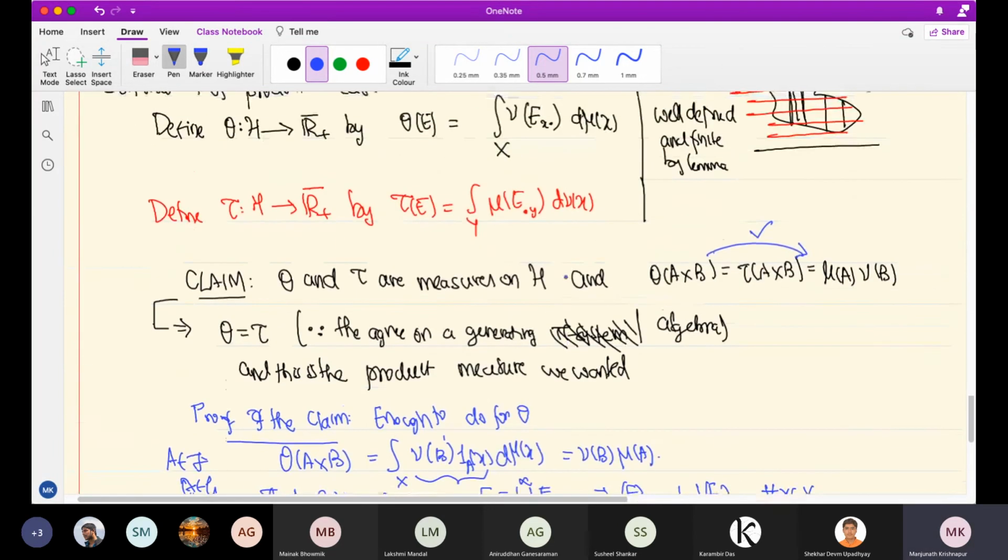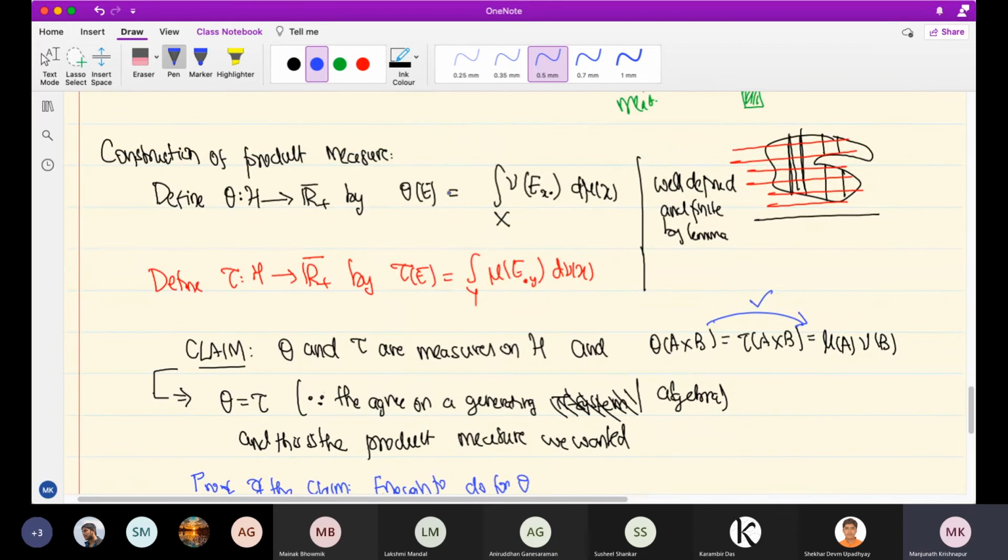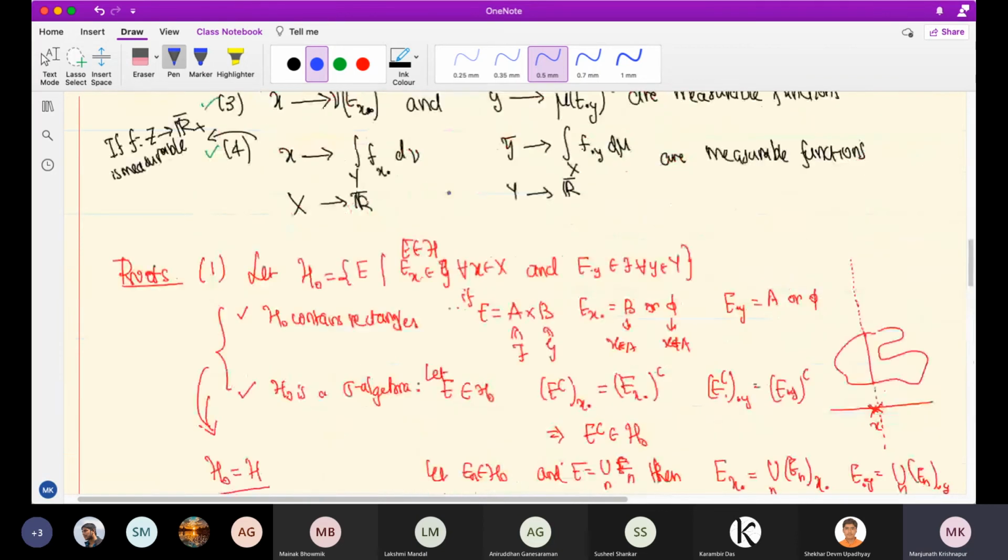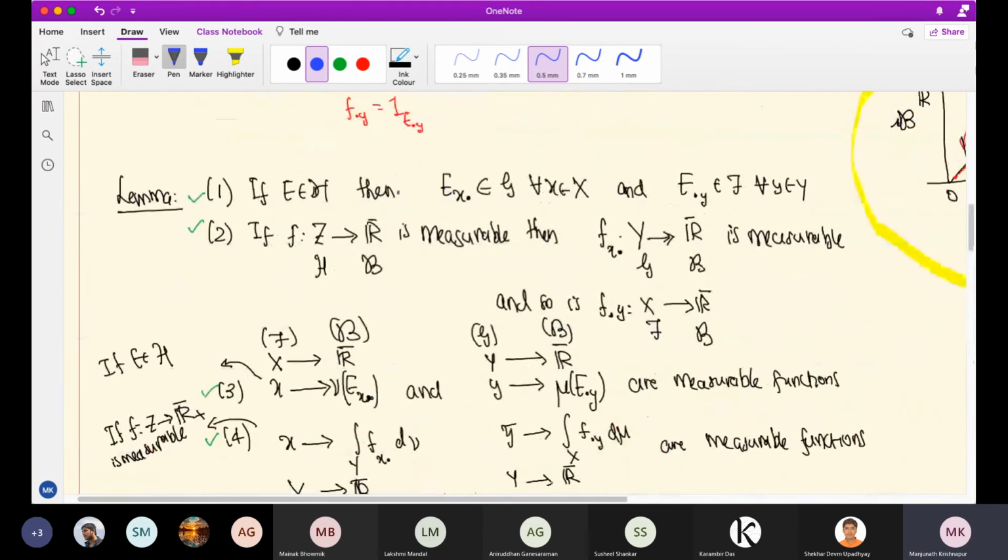Okay, what else is left? It's a recurring theme in analysis that what you write for sets, you can write for functions and vice versa. Sometimes the statements will be slightly different, but it is a general theme. Any statement for sets will have an analogous thing for functions and vice versa.